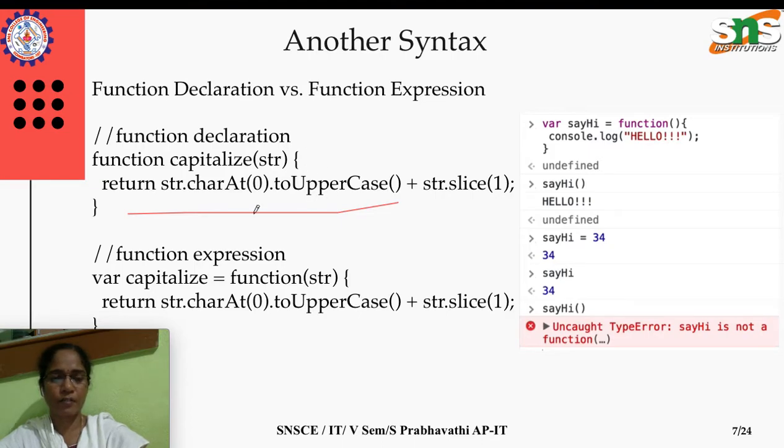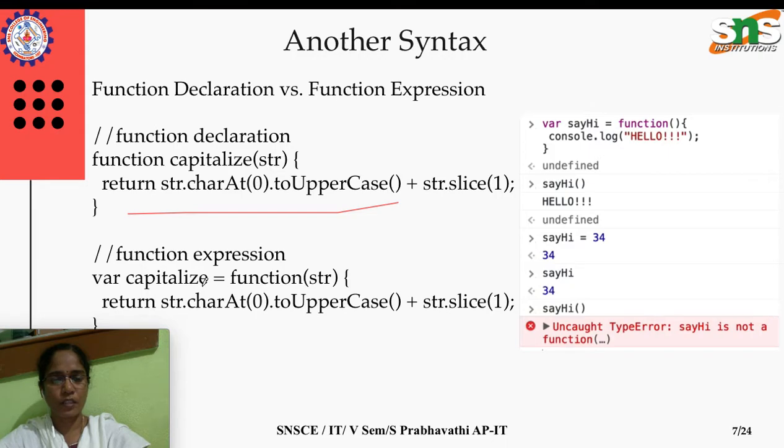The other way is the function expression. There is no need to have the function name. Instead, straight away we write the function code, and whatever value it returns gets stored in this variable capitalize, which will act as a function to retrieve its value.